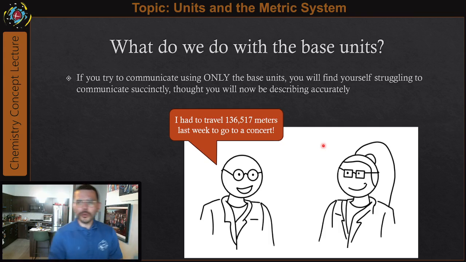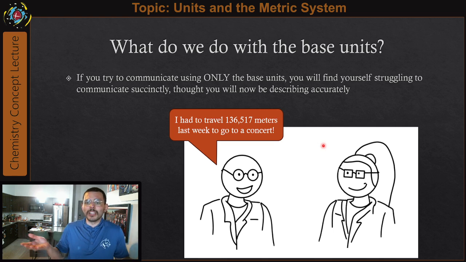Okay, so what do we do with these base units? If you try to communicate with just them, you're going to run into the limitation that your numbers can get big and small and not be very well defined unless you add more to them. So for example, in this case, Dr. Ion is telling Dr. Isotope that he had to travel 136,517 meters last week to go to a concert.